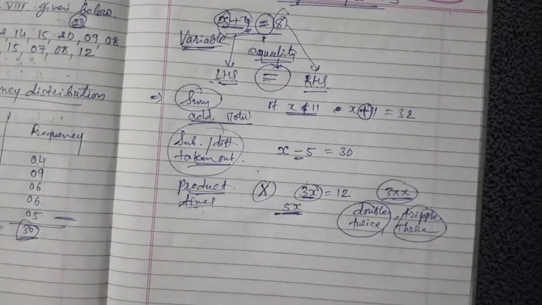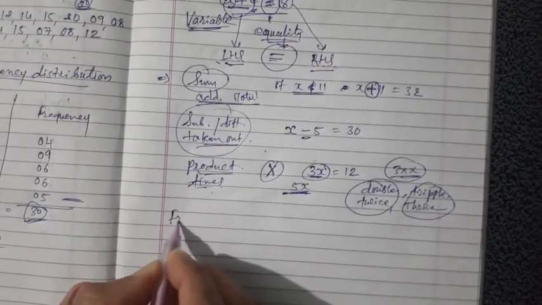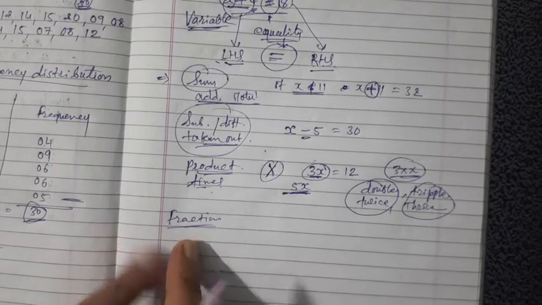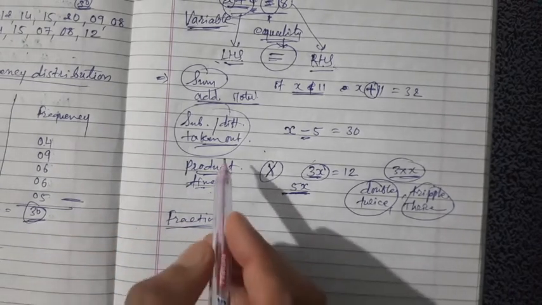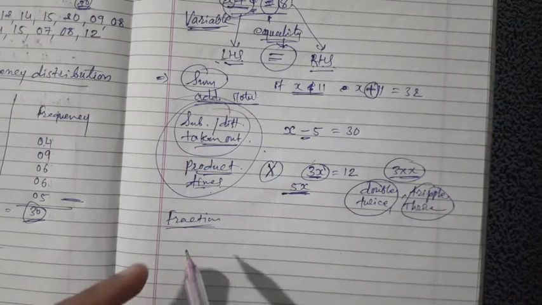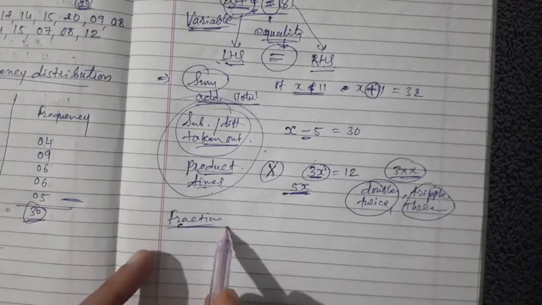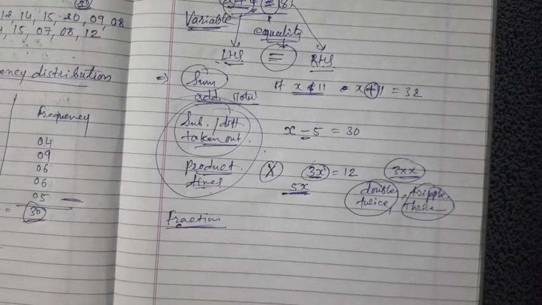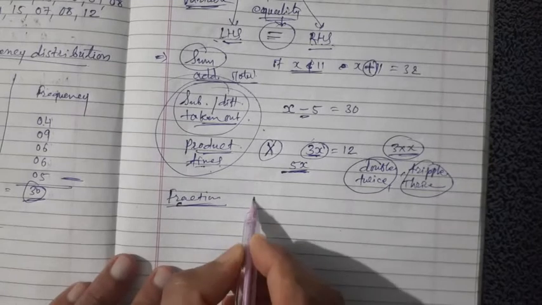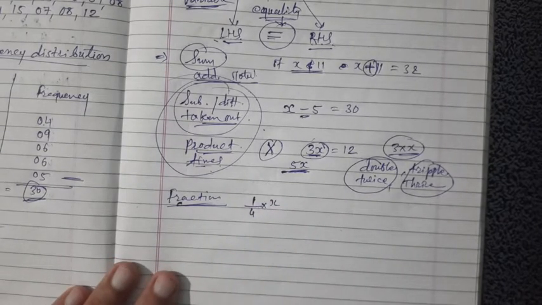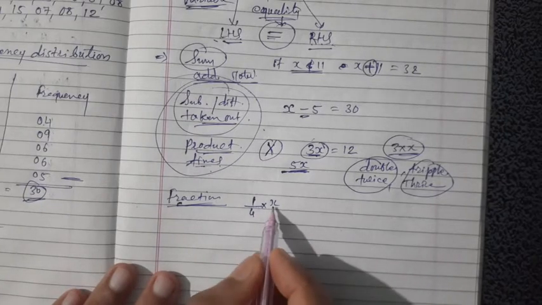Okay, and the last one is fraction form. Now, fraction means numerator and denominator. Numerator means our whole number, and it has a denominator, and that is called a fraction. For example, 1/4 of x means 1/4 into x. Means you just take 1/4 part of x.